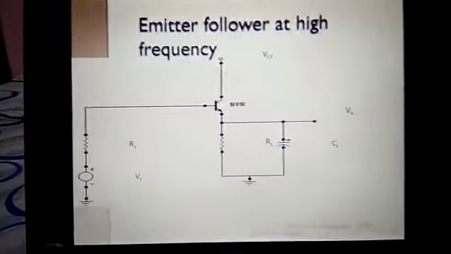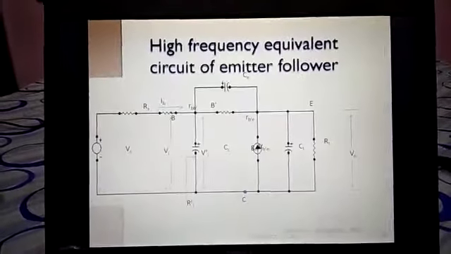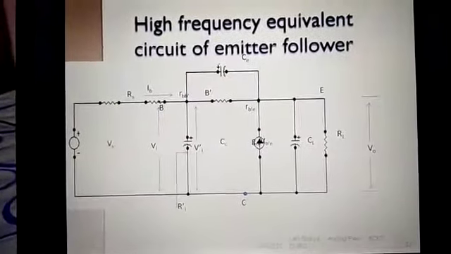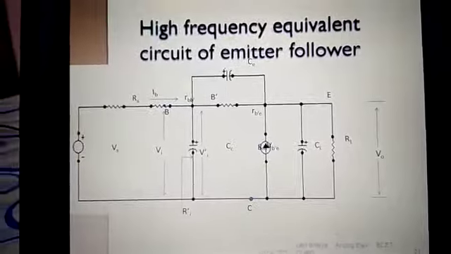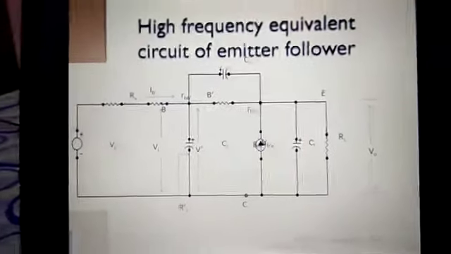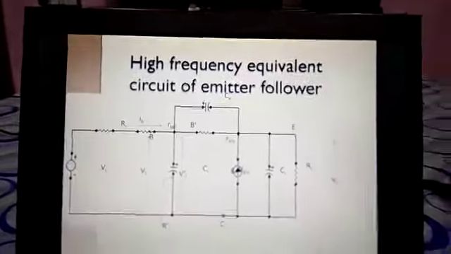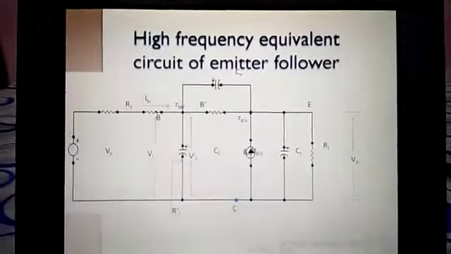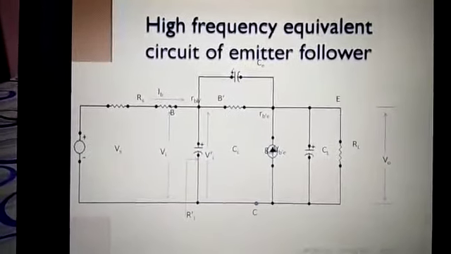This emitter follower can be used at high frequencies also, and this is the equivalent diagram for high frequency of the emitter follower. In a similar fashion, just as we have seen for the common emitter circuit diagram, you can draw this emitter follower circuit also.